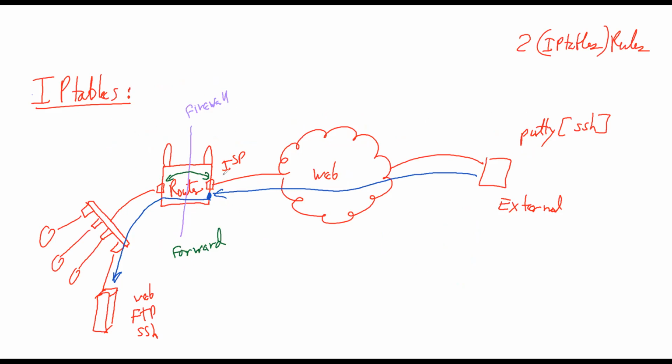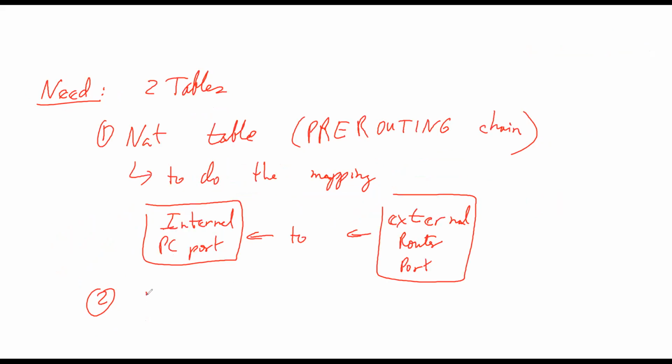Therefore, we have to explicitly allow this direction and accept the traffic. So number 2 is a rule in forward to allow the packet through. Those are the two ideas.